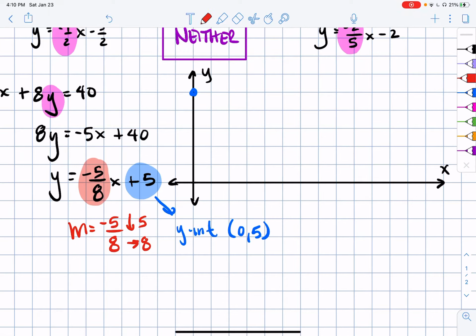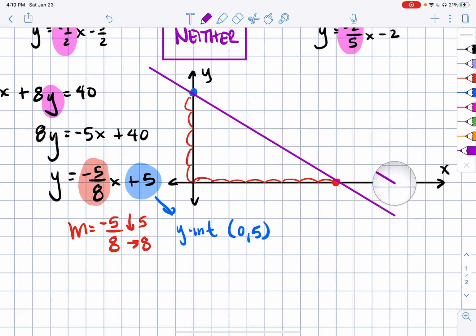And my slope tells me to go down 5. So 1, 2, 3, 4, 5, and to the right 8. 1, 2, 3, 4, 5, 6, 7, 8. So there's my second point. So now I just got to connect those two dots. There we go.